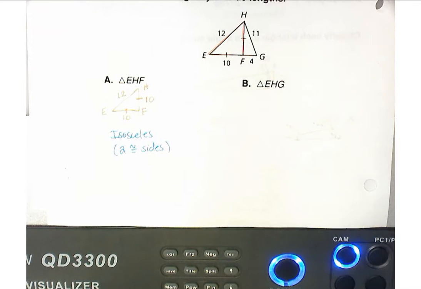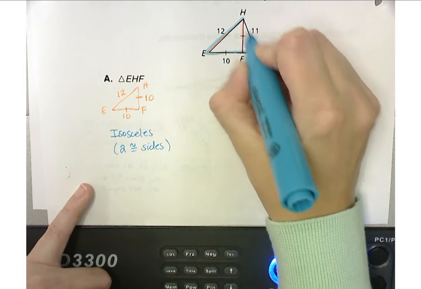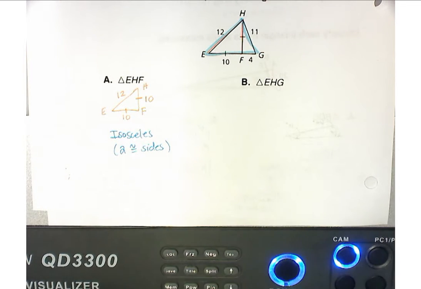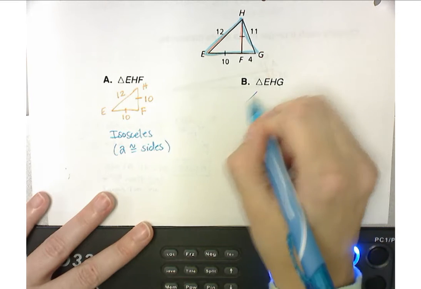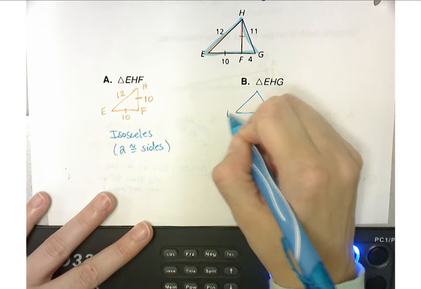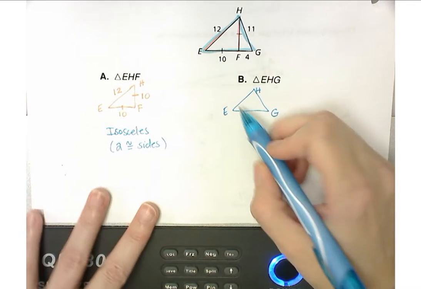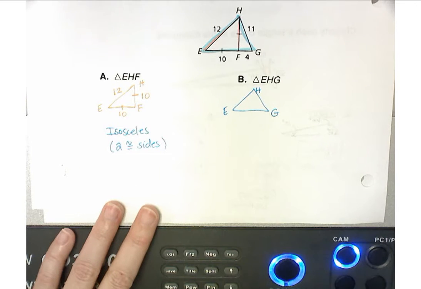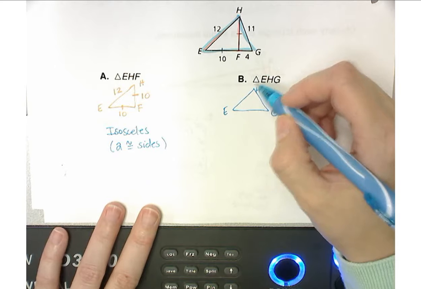Okay, and then we're going to look at EHG. So for EHG, that is this whole triangle here. I'm just going to label what my sides are. So Anakin, what's my EH length? 12.